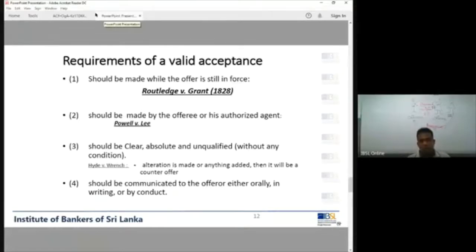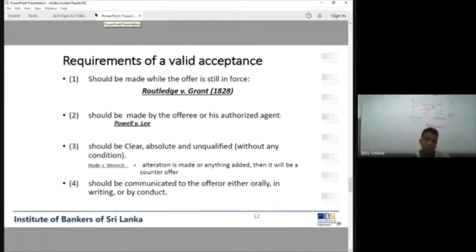You can indicate your acceptance without saying accepted, but that is also not legally valid, because it is then not absolute or clear. If you put a condition, that is not a valid acceptance. There's no agreement between them.